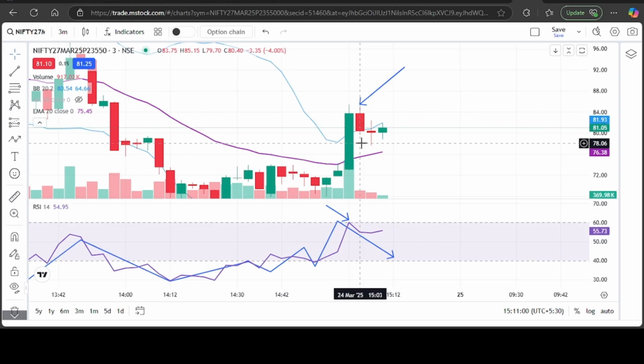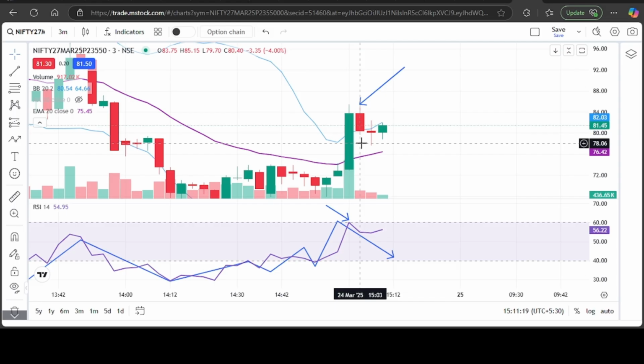And the third thing is how much money you're putting on the line to lose. Third parameter, how much money you're putting on the line so that if you lose it, you know how much you're losing. It's not a blindfold trade.